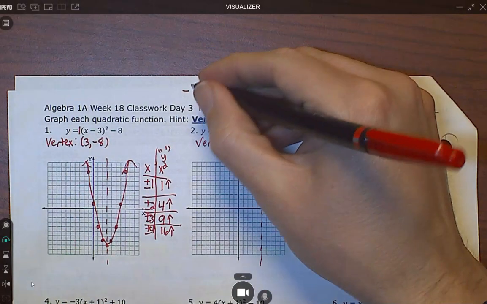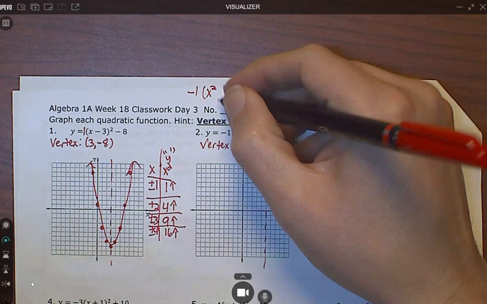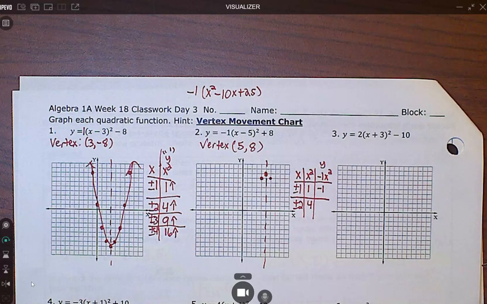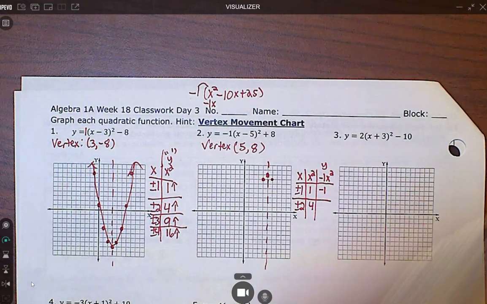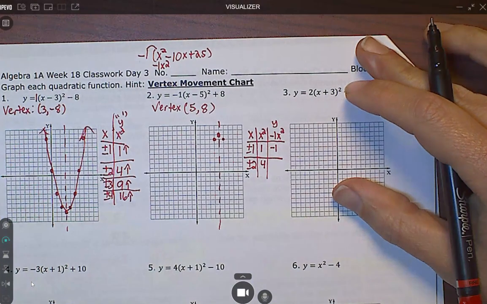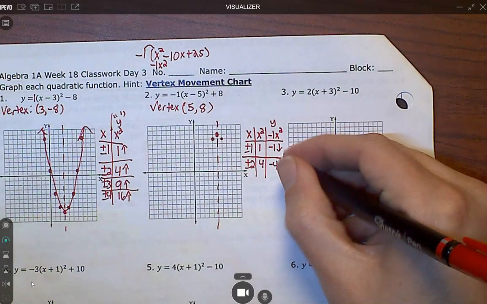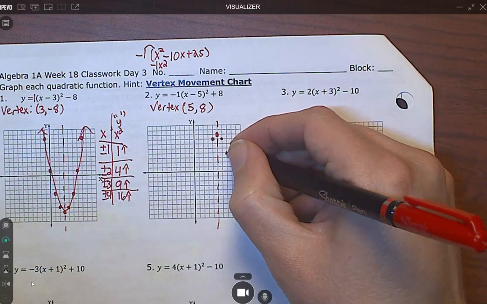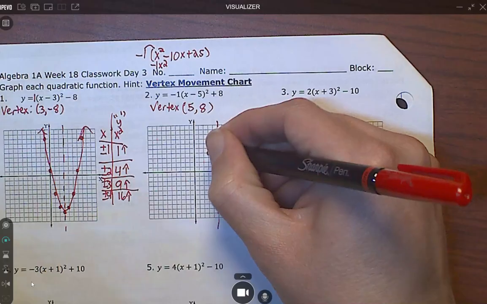If you want me to go on a tangent, if I do x minus 5 squared, I get x squared minus 10x plus 25. It's a perfect square trinomial. When I distribute that, I get a negative 1x squared, so that's why we're doing this extra chart. It reflects it. If I go left 2, down 4.